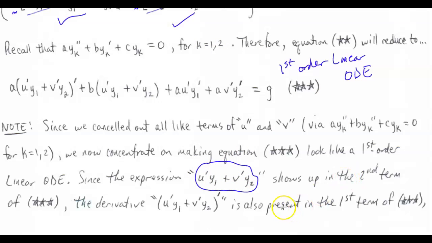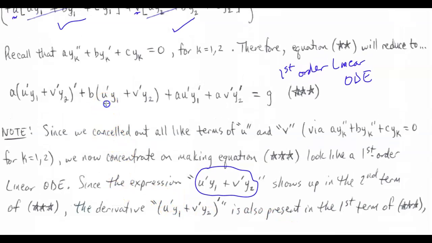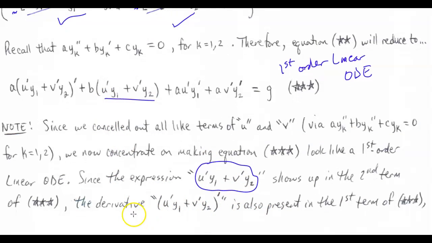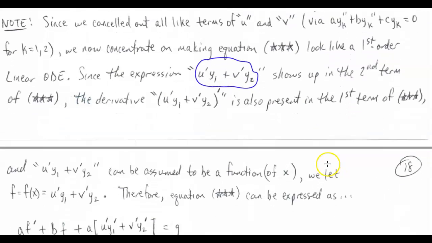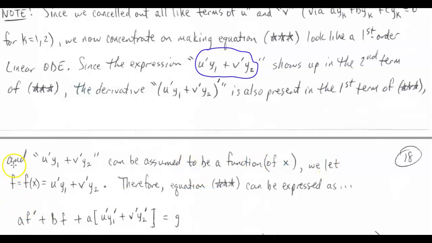Since that expression shows up in the second term here, and the derivative of this shows up in the first term here, then, and also we know that this particular expression here can be assumed to be some function of x. Okay, we know that because y1 is a function of x. We know that y2 is a function of x.